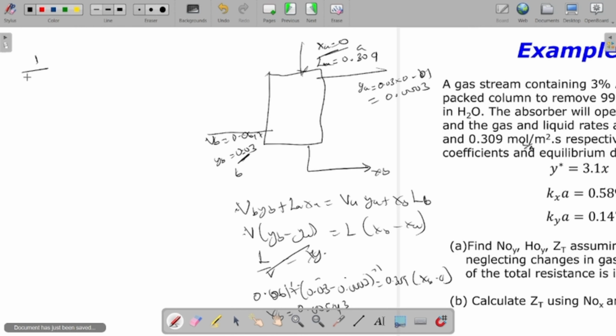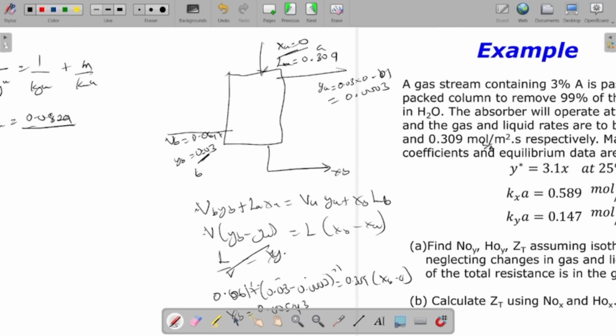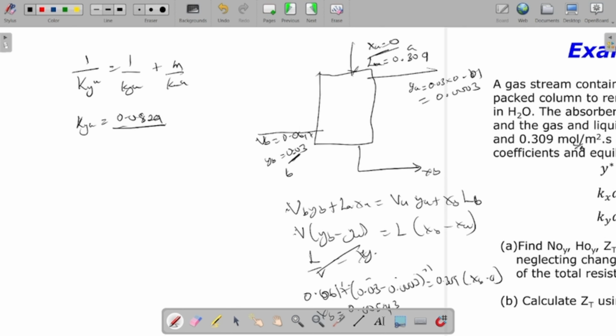I'll be using 1 over big KY equals 1 over small KY plus M divided by KX, to find the big one, since I have the small ones. If I use that one to find the big KY, I'll be getting 0.0829. And the unit is mole per meter square second. That's the big KY.